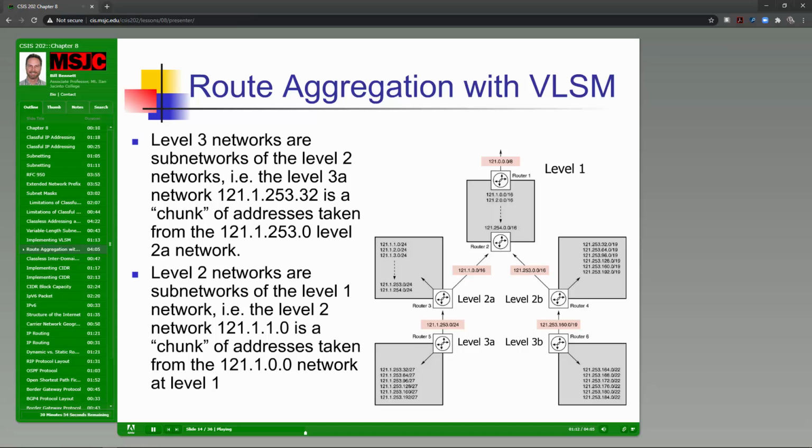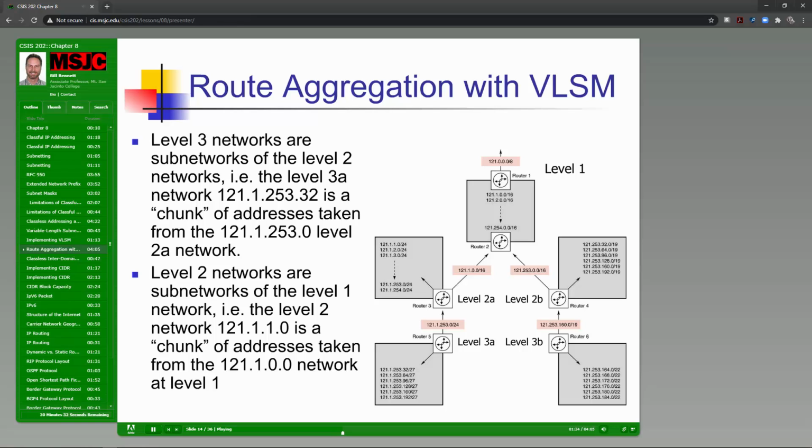So level 3 networks are subnetworks of level 2 networks, and so when you're looking at the graphic here, level 3 is at the very bottom of the graphic, and so those are the subnetworks of the level 2s, the one above them. And again, this is just the reverse.